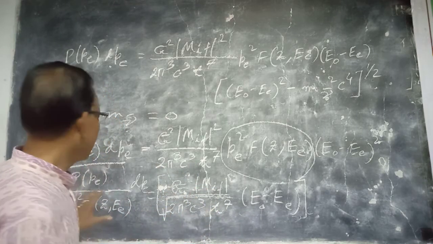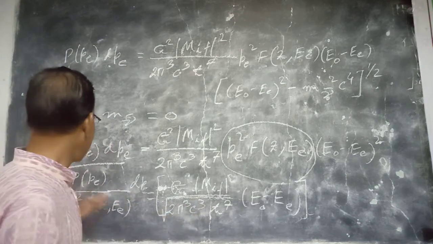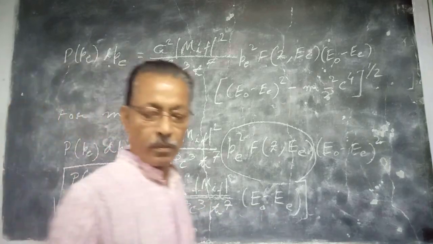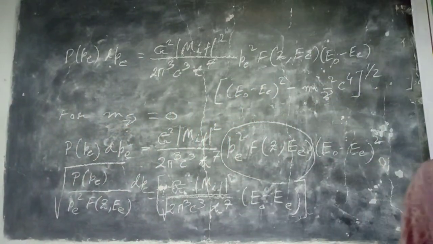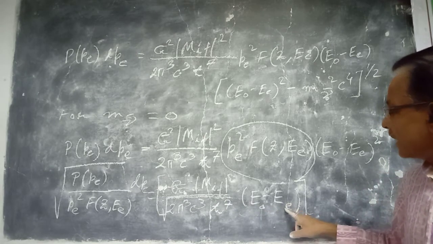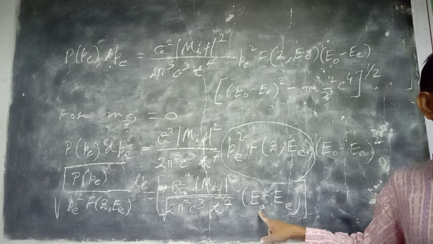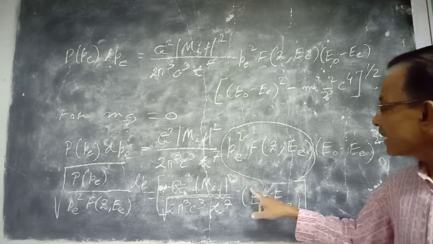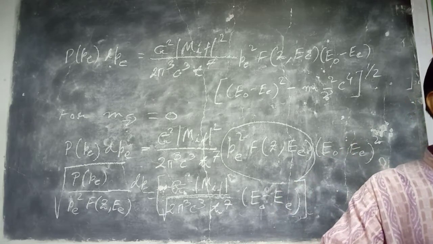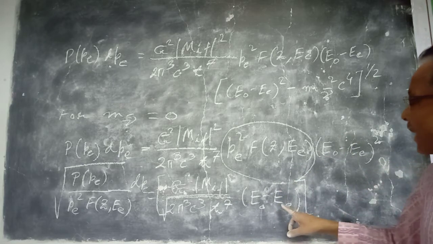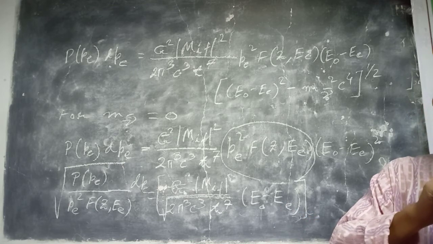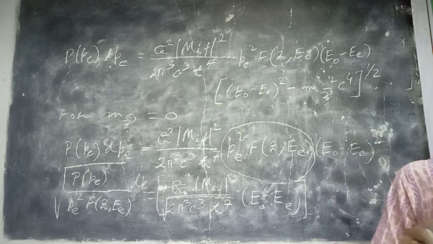So if we plot the graph of this probability distribution against the energy of the electron, you get y equal to mx, a straight line. When E equals E0, that is the end point energy, which is the disintegration energy, the energy difference between the daughter and the parent nuclei, the electron energy is the same, meaning the neutrino is emitted with very small energy, essentially 0.